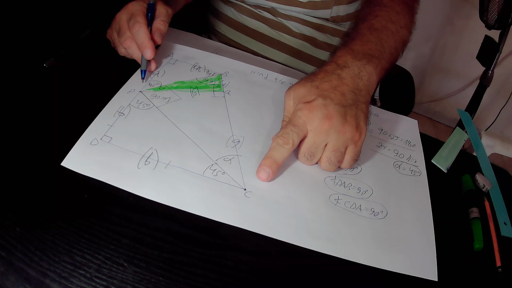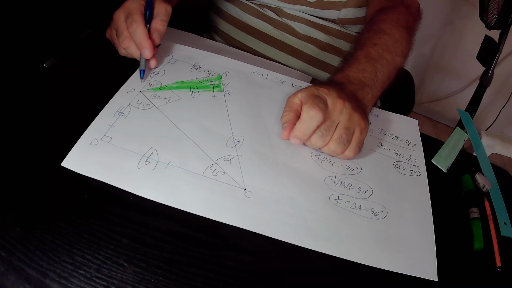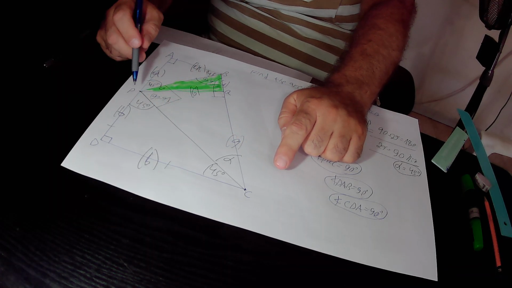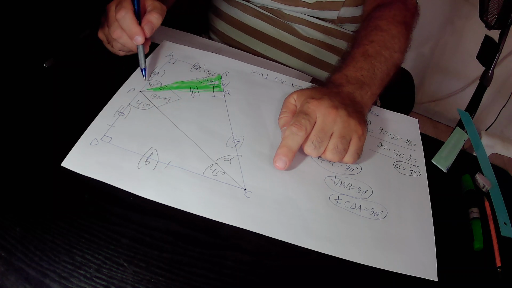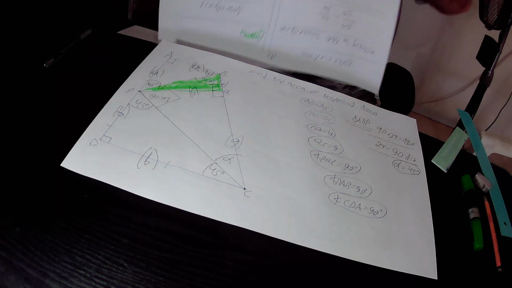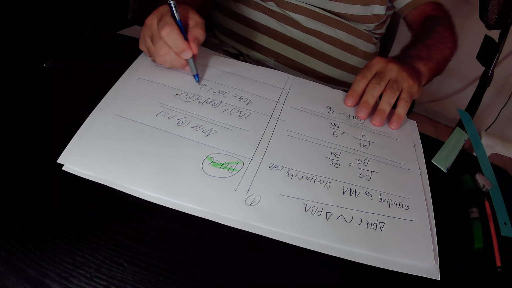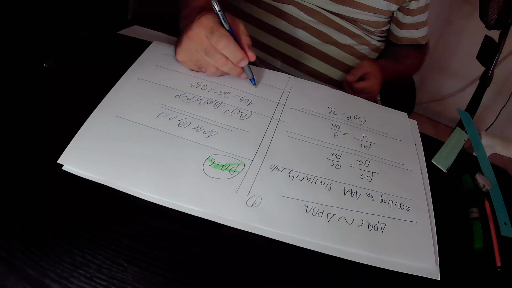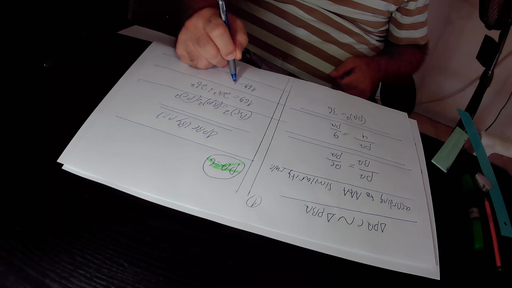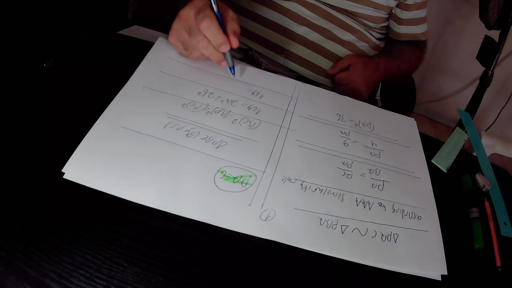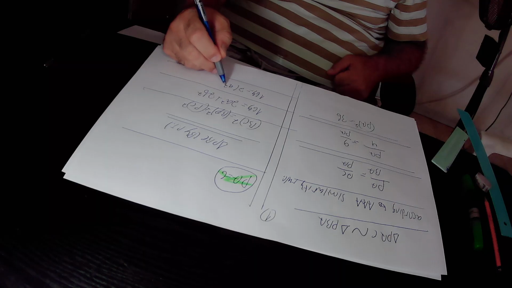In order to find out the value of PC squared, we will implement the Pythagoras theorem on the right triangle PDC. B squared plus B squared equals PC squared. So PC squared is 2B squared. So in total, 169 equals 2A squared plus 2B squared. So 169 equals, here we take out 2 as a common factor from those two expressions, so inside the brackets we are left only with A squared plus B squared.